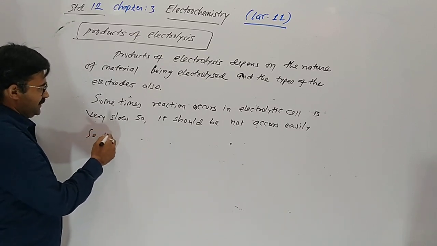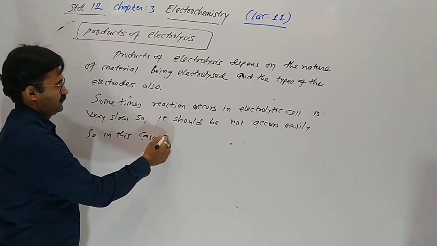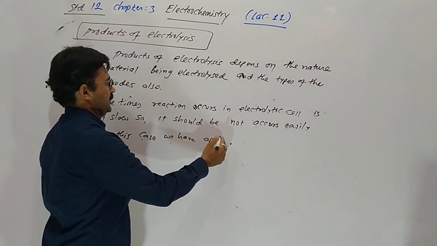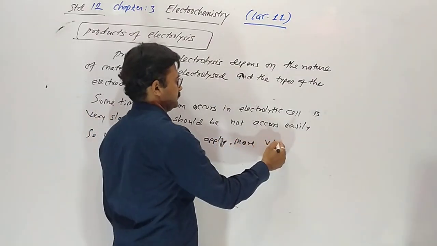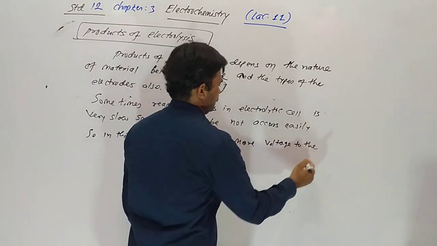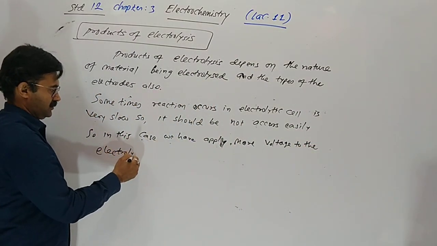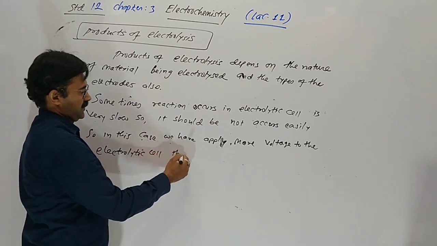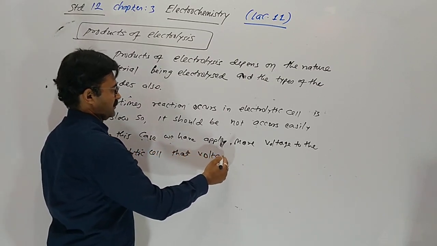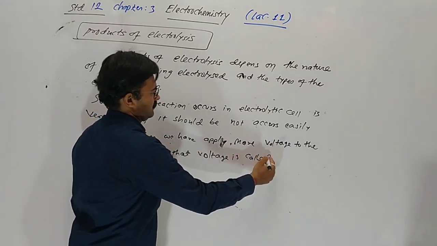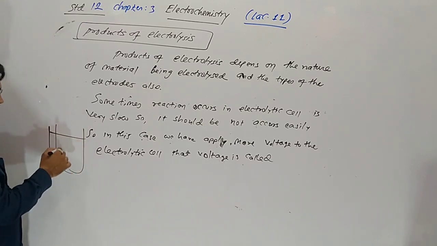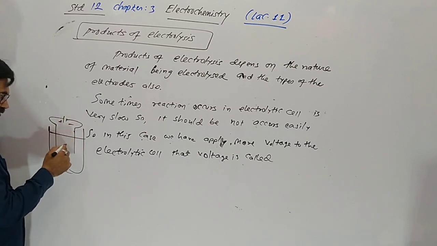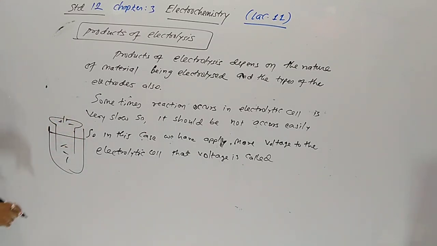So in this case we have to apply more voltage to the electrolytic cell, and that voltage is called overpotential. Sometimes a reaction does not occur at low temperature, or a very slow reaction occurs, so we have to apply high voltage from outside.